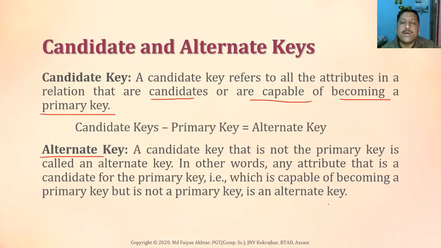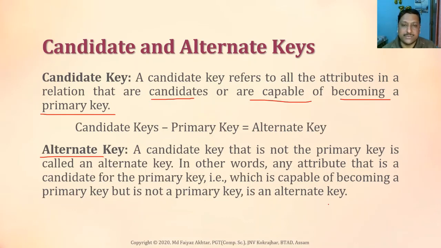From the list of candidate keys, only one key is to be taken as the primary key. Then the rest of the candidate keys are called alternate keys.